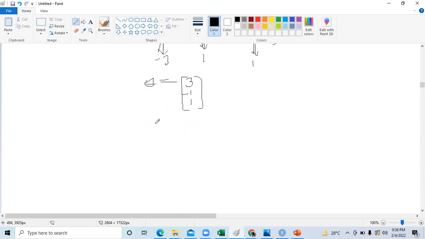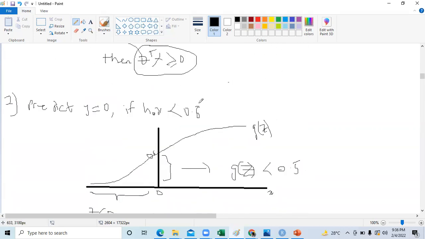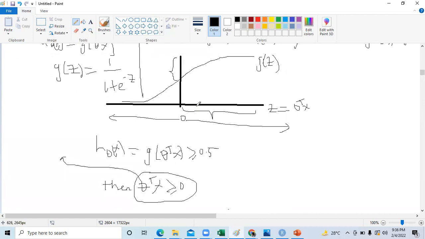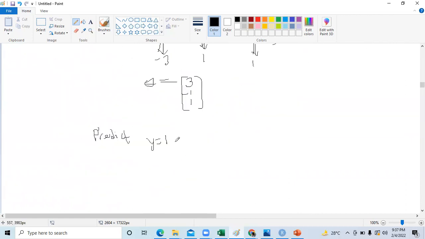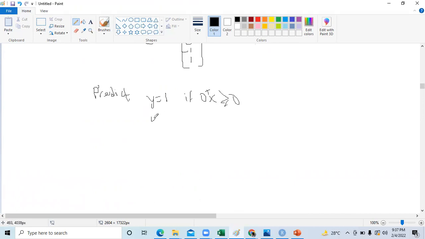So we are predicting y equals 1 if what? If theta transpose x is greater than or equal to 0.